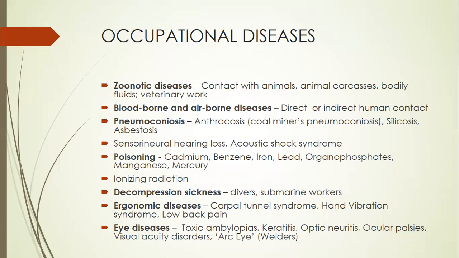Decompression sickness is mainly for divers and submarine workers. Ergonomic diseases: carpal tunnel syndrome, hand vibration syndrome, low back pain, all conditions that develop due to poor ergonomics. And we have also eye diseases: toxic amblyopias, optic neuritis, arc eye, which happens mainly in welders if they don't use or don't have available the right protective eyewear.